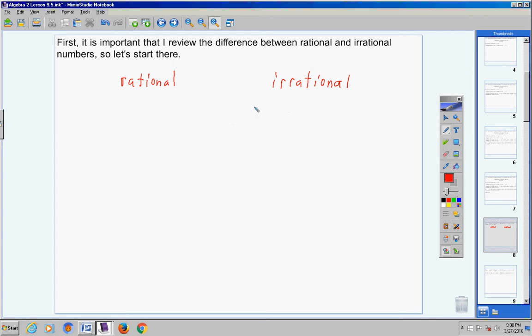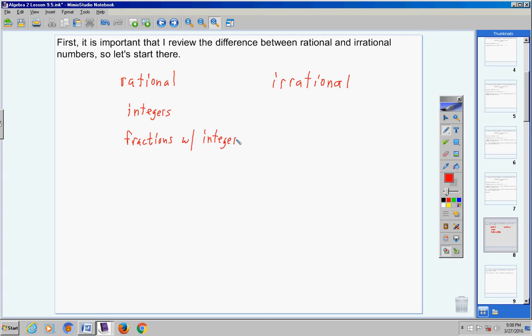Okay, this is very simple. It is so easy. Rational numbers are integers. I'll explain that in a second. Or fractions with integers. Isn't that easy? I mean, that's a piece of cake.